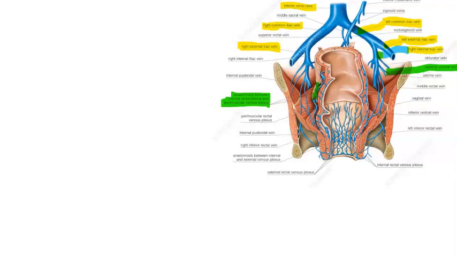This picture illustrates the blood vessels of the pelvic area, especially the veins. You can see the inferior vena cava divides into the left common iliac vein and the right common iliac vein. Then the common iliac vein divides into the external iliac vein and the internal iliac vein.